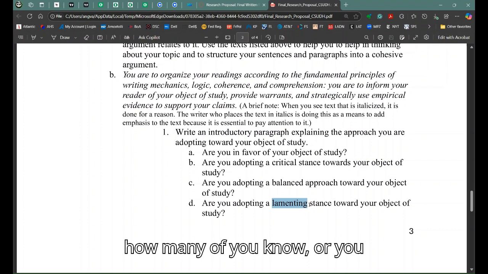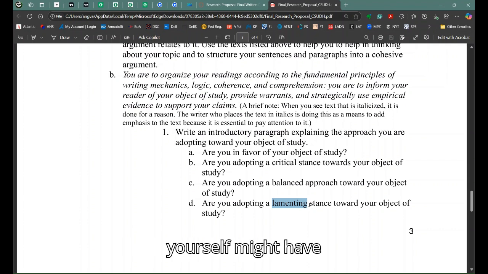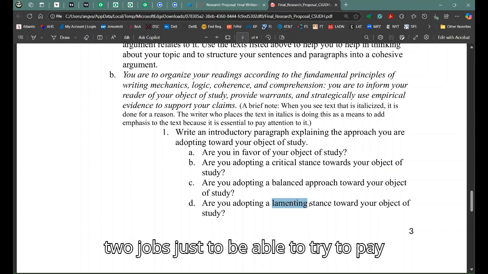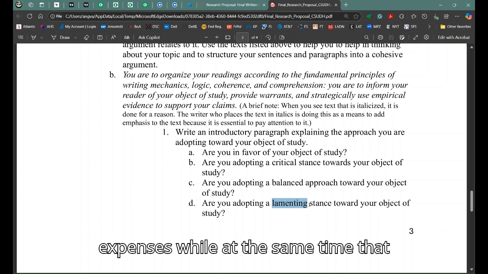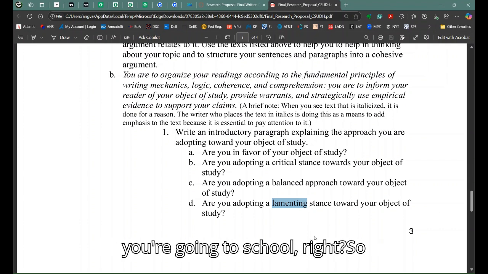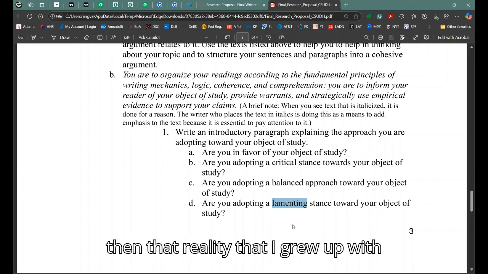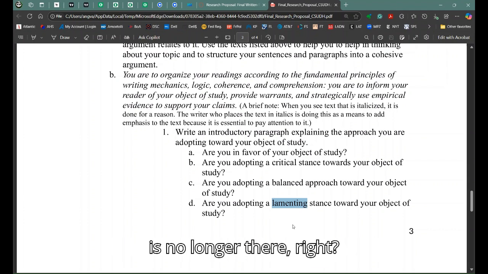Because how many of you know, or you yourself might have, two jobs just to be able to pay rent and pay for other living expenses, while at the same time you're going to school, right? So then that reality that I grew up with is no longer there, right?